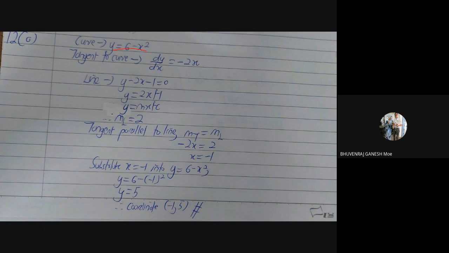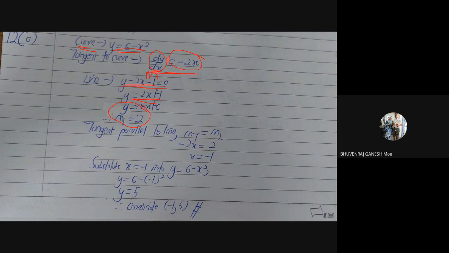Okay. So just now someone asked, Anaga, over here. This is the curve, right? Ini adalah persamaan lengkung. So you do differentiation first. Kamu buat pembezaan. You will get dy over dx is negative 2x from the curve equation over here. So the line, persamaan garis, they gave you like this. So you rearrange it in y equals mx plus c. You will get the gradient of 2. So this is a gradient. You have to remember, dy over dx sebenarnya is actually representing gradient.